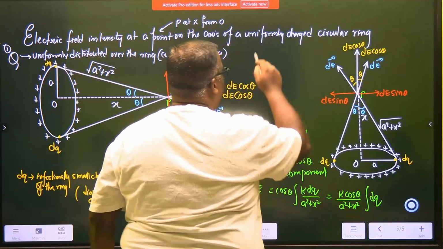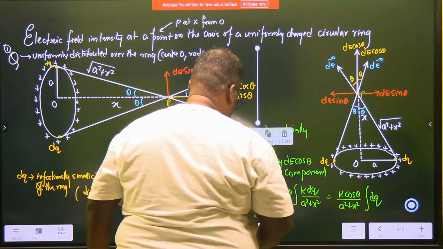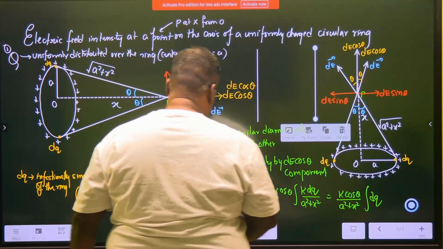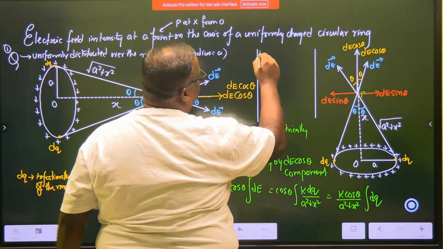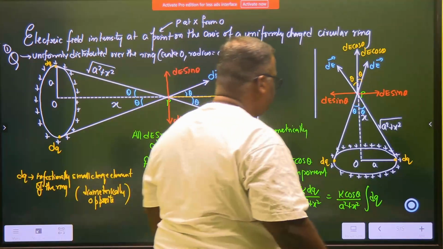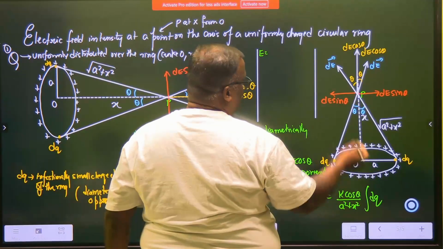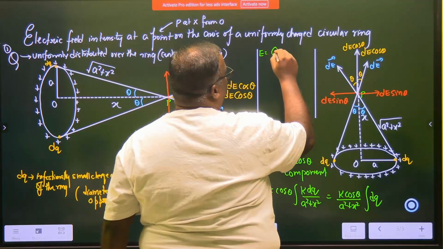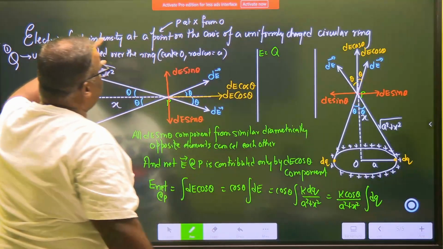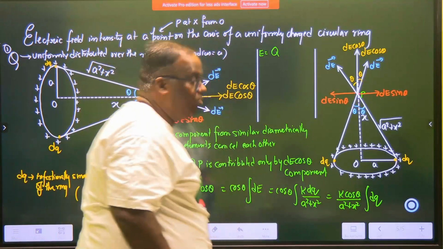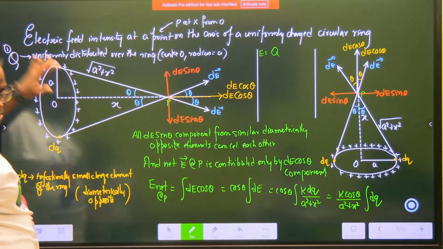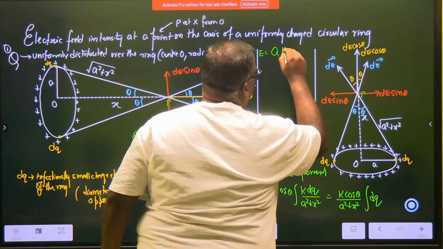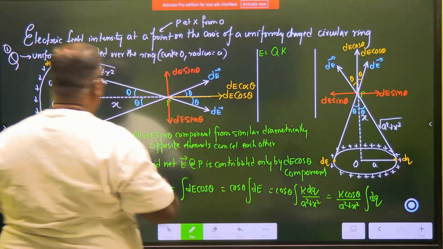And I'm begging for some space because I don't want to change the screen. So I can now write E to be equal to, if you integrate this dq, what do you get? Q, the electric field intensity at a point on a uniformly charged ring. This Q is the charge. K I am retaining as K. Cos theta, what is cos theta?